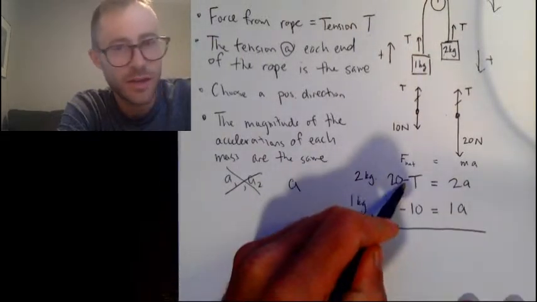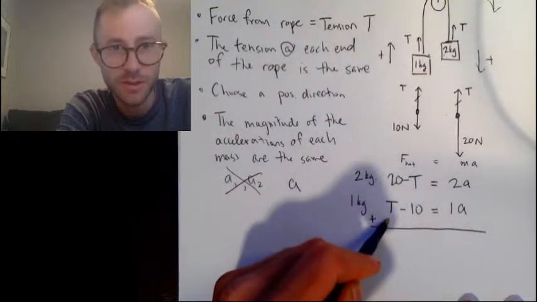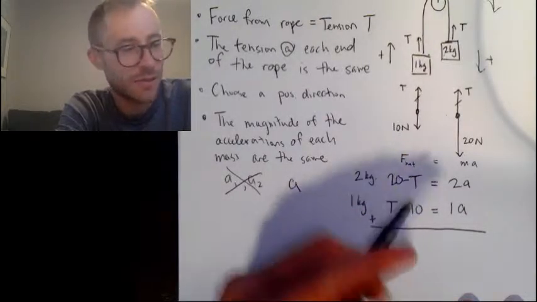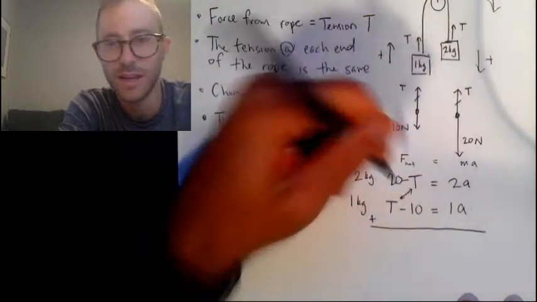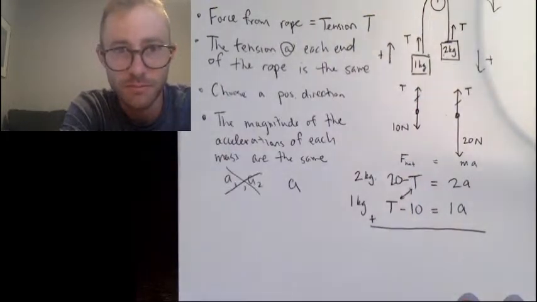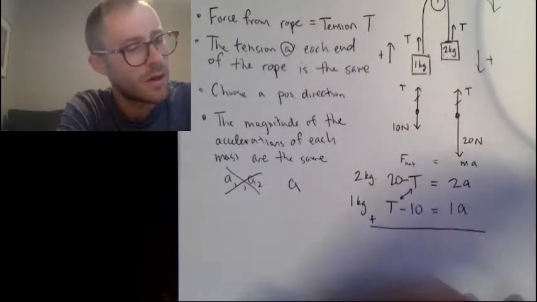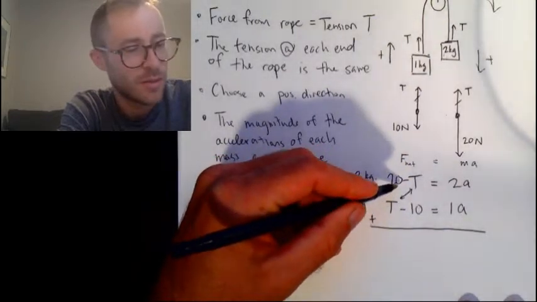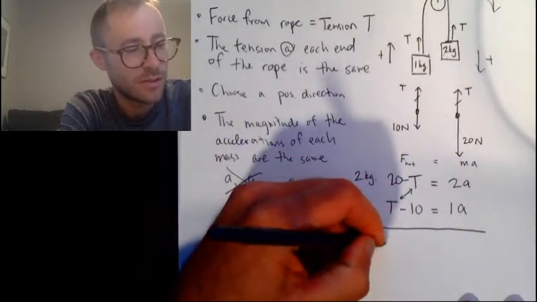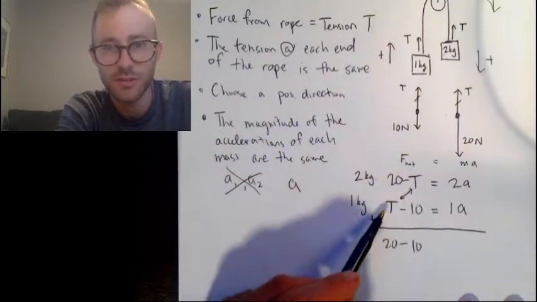Well, you can see that right here we have negative T, and right here we have plus T. So when you add these two equations together, the two tensions cancel each other out. It's really easy to eliminate the tension. So adding those two together, on the left-hand side, I get 20 minus 10 because the tension's canceled out.